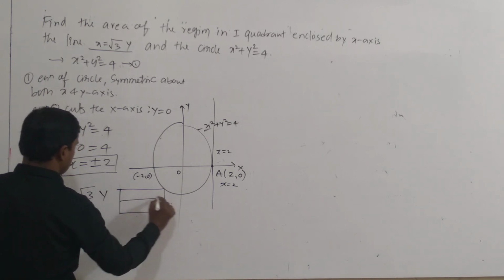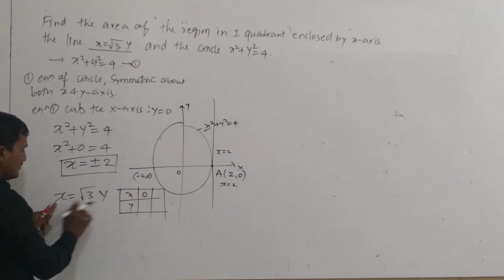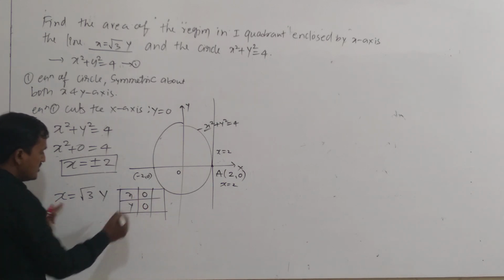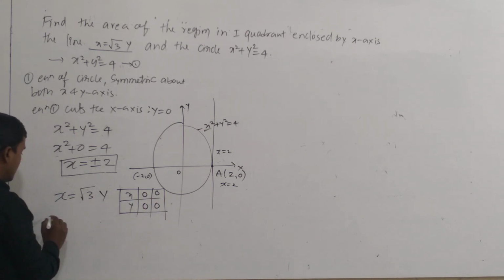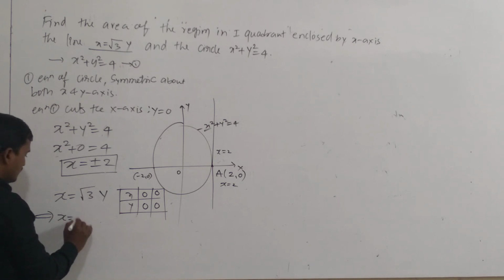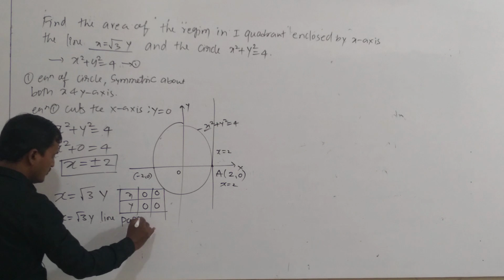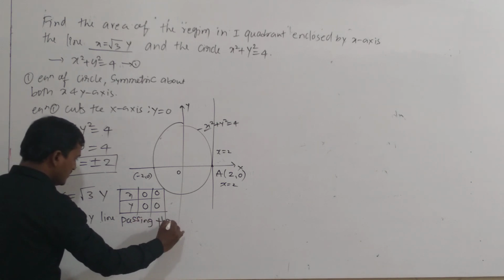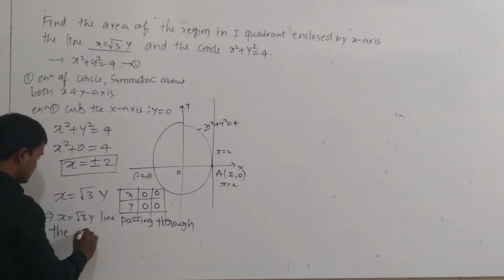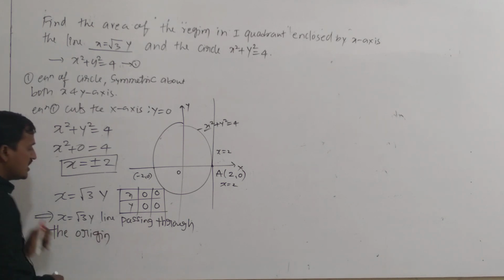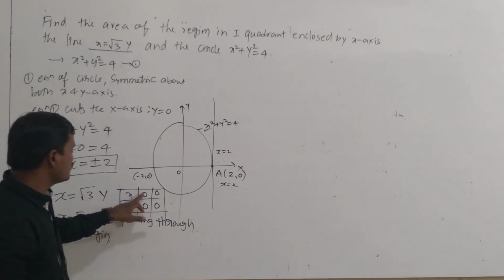So here it is x and here it is y. Now put x equal to 0, the value of y is 0. Put y equal to 0, the value of x is 0. So clearly the line x equal to root 3 y passes through the origin, because after substituting the values of x and y, I got 0 comma 0.